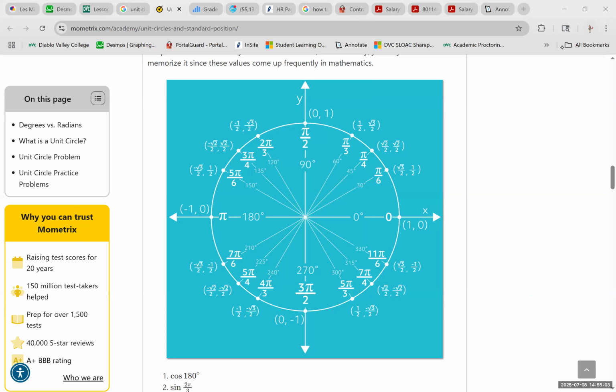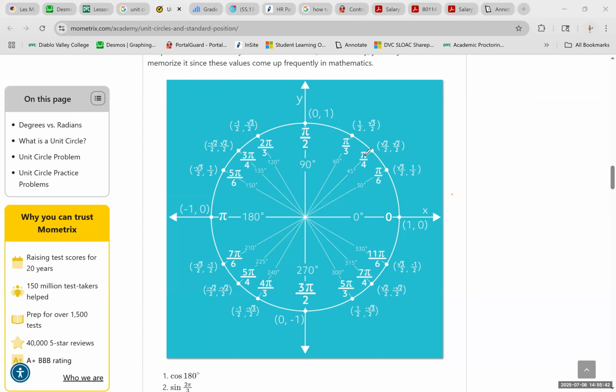Okay, so here's what I mean when I say I do not memorize the unit circle. What generally happens once people learn the unit circle is they'll say, okay, if I were at 30 degrees, that point of intersection would be square root of 3 over 2 and 1/2.